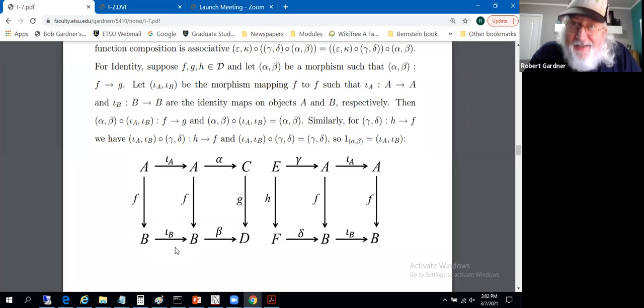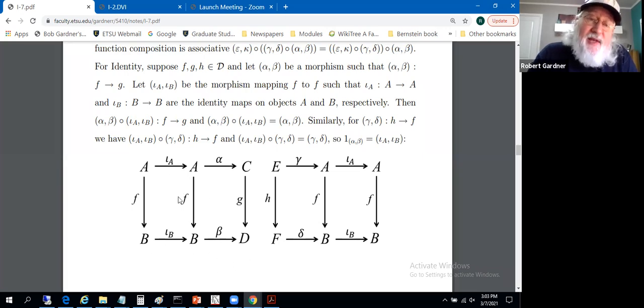I don't want to call them identities. They're mappings that compose with other mappings as if they were identities. So what we need then, we're trying to get a composition that will behave like an identity. We're trying to compose this ordered pair with this ordered pair.